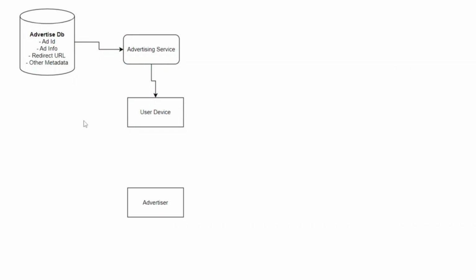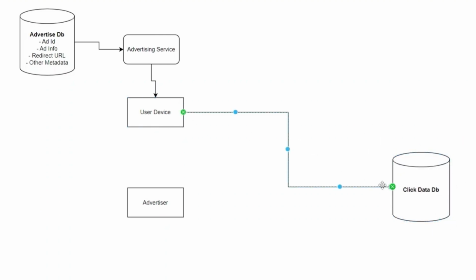So the user will get these ads, and on clicking, the click data would be stored somewhere. Where will it be stored? There would be a database, let's say the click data DB, where all the clicked data which this user clicks would be stored. What all things would be stored here?